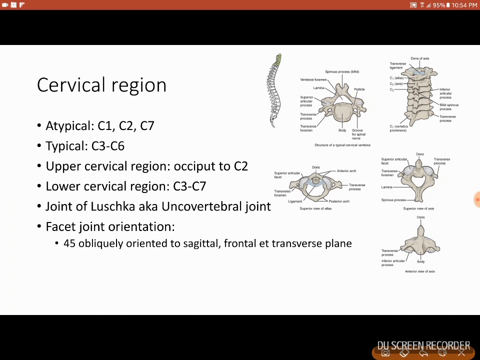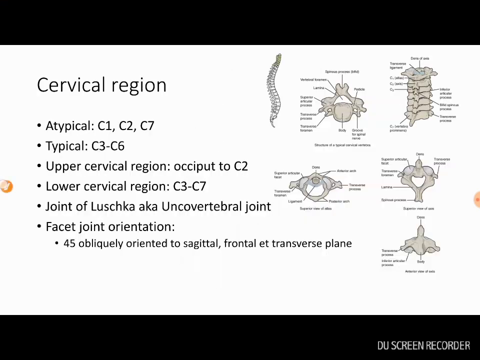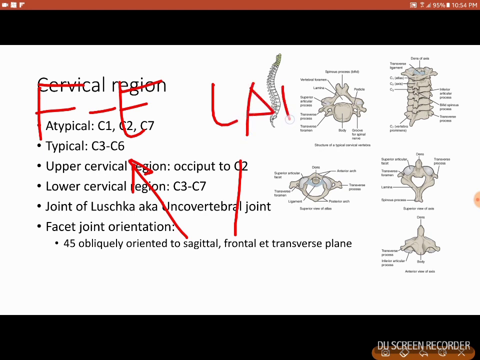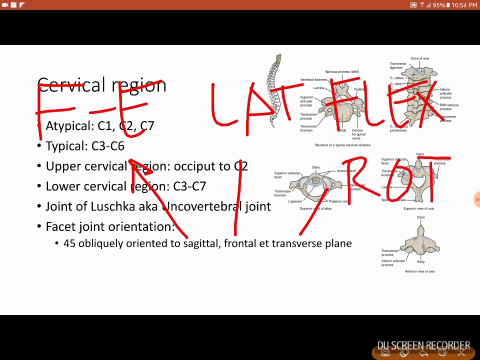The facet joint orientation of the cervical bone is 45 degrees, obliquely oriented to the sagittal, frontal, and transverse planes, which means that it allows flexion and extension in the sagittal plane, lateral flexion in the frontal plane, and rotation in the transverse plane.